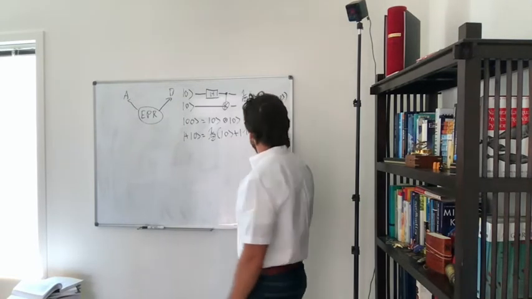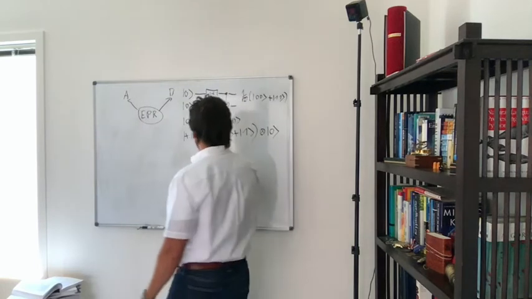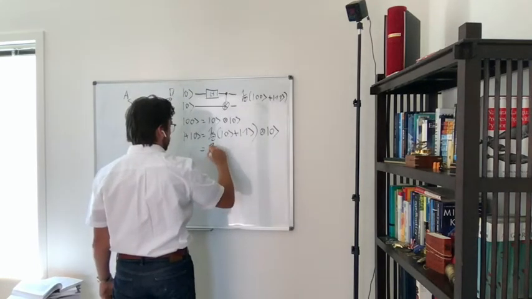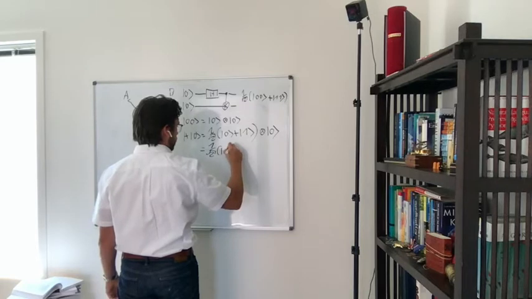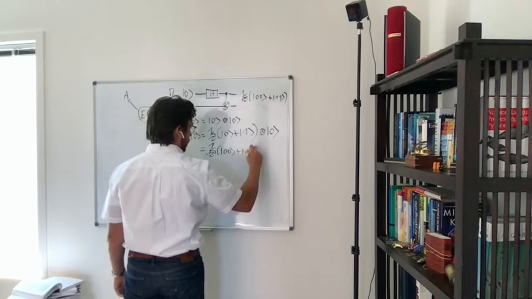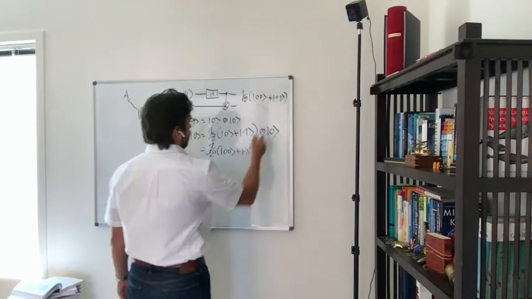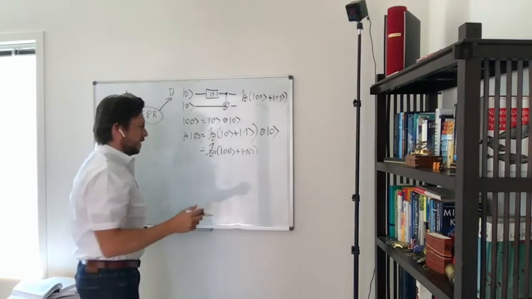So we multiply that in, we execute that, which results in this. And then we still have the controlled NOT operation that we apply.